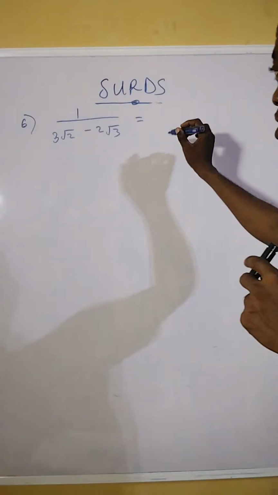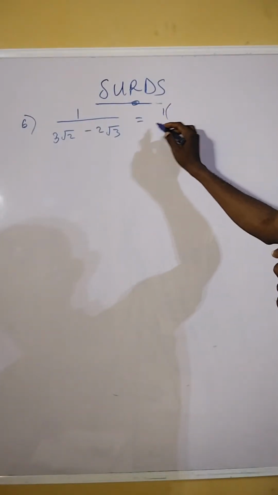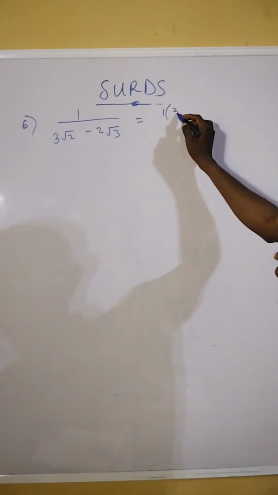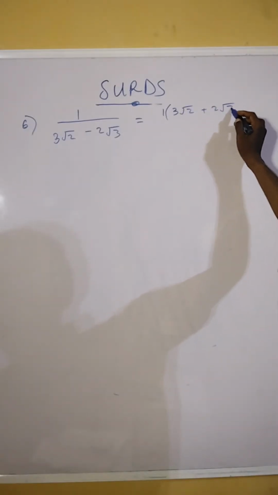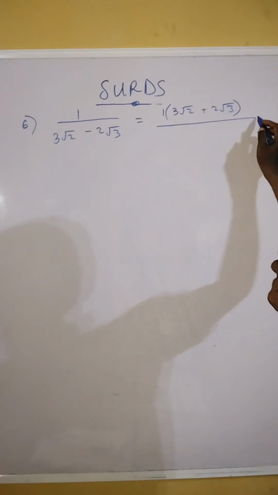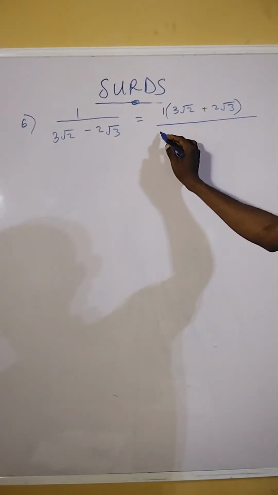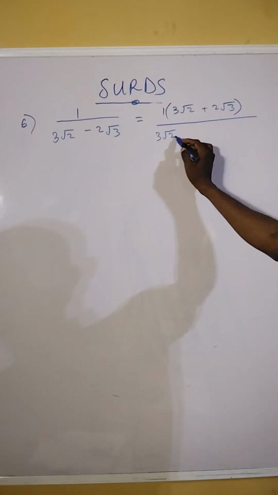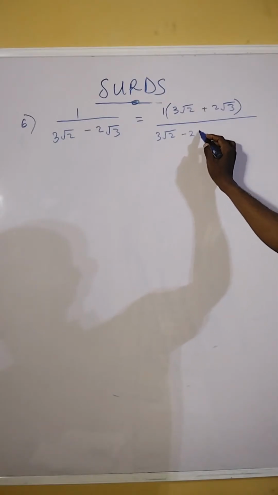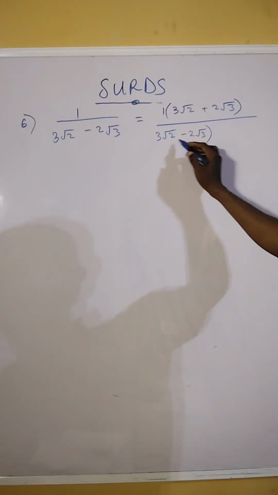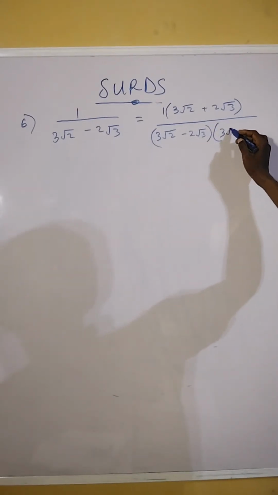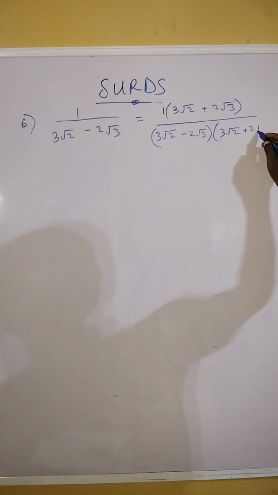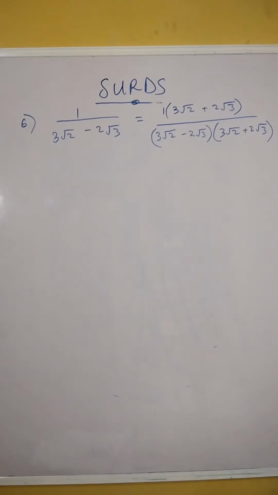Now when we rationalize it, we multiply 1 by the conjugate, so that is 3 root 2 plus 2 root 3, then divided by, also multiply this by the conjugate. We have 3 root 2 minus 2 root 3 multiplied by the conjugate 3 root 2 plus 2 root 3. Then we can now expand.